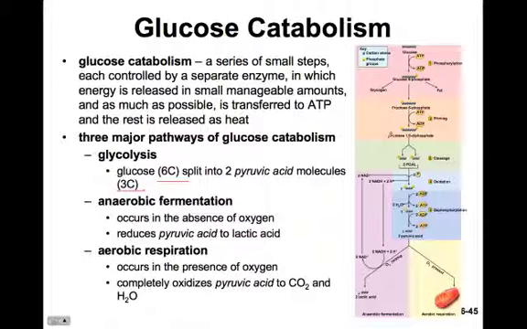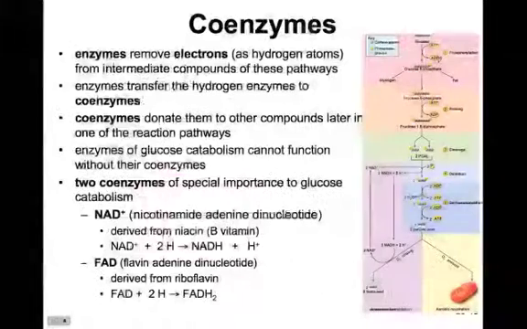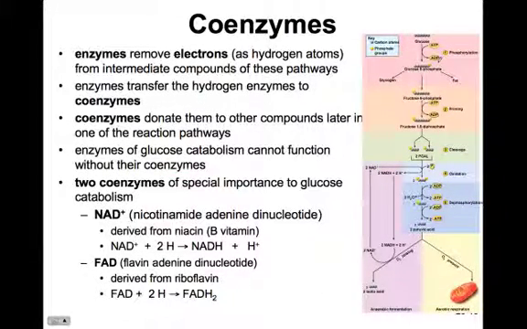So glucose catabolism is a series of small steps that's each controlled by a separate enzyme. Not all of them are pictured here, but we release energy in very small, manageable amounts and transfer as much of it as possible into ATP. In order to accomplish this, we need coenzymes. So enzymes themselves actually remove the electrons.